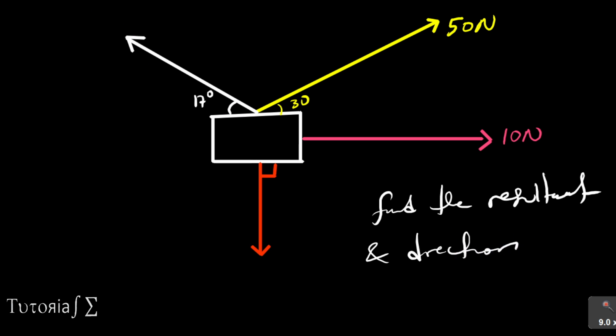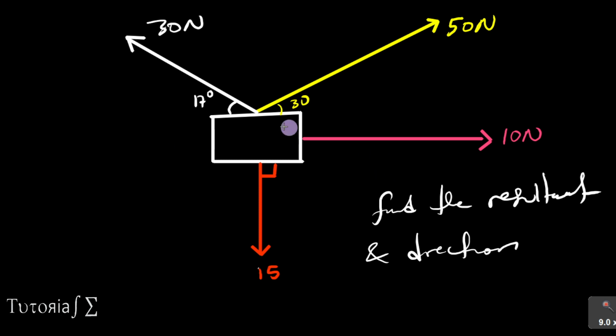So I'll put numbers here. So this is let's put this as 30 newtons, and I will put this as 15 newtons. Okay, so we have everything. Let me just use the respective colors. So this is 15 newtons.